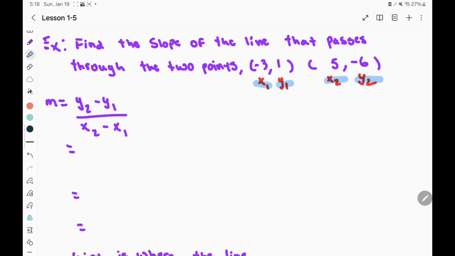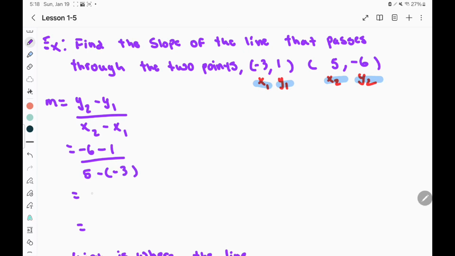Okay. So from above, we know that in order to be able to find the slope of a line, we have this equation here that tells us we have to take y2 minus y1 over x2 minus x1. So let's go ahead and plug in our values that we've labeled up above, and we can substitute them. So I get -6 minus 1 all over 5 minus -3.